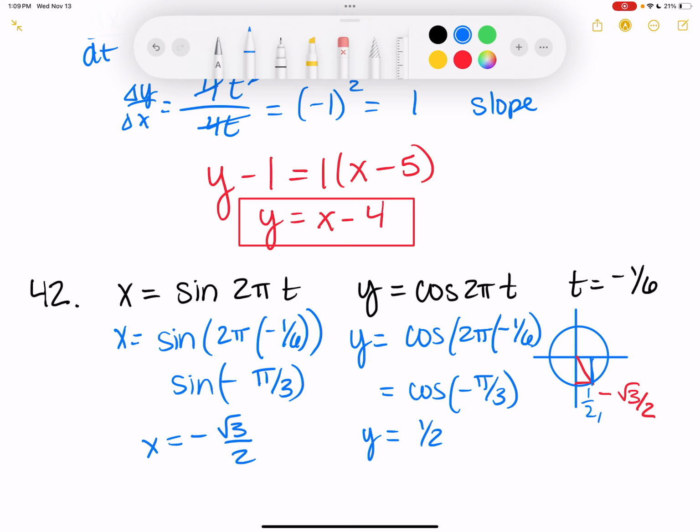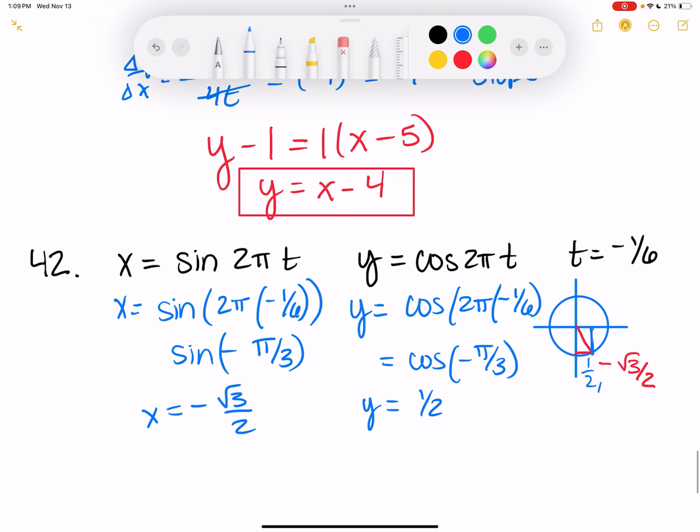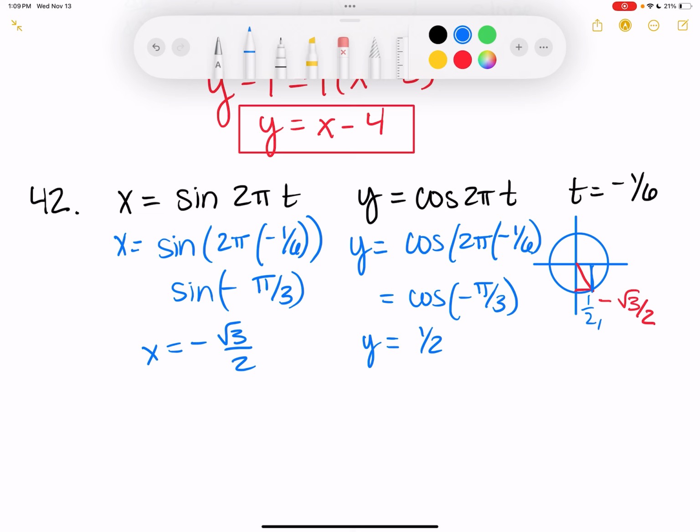All right, now I need to find the derivative of both pieces. Just to be clear, they don't put parentheses, but all this stuff would be inside the trig function. dx/dt.